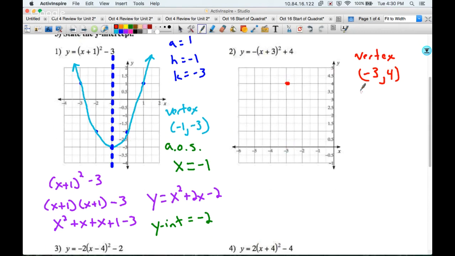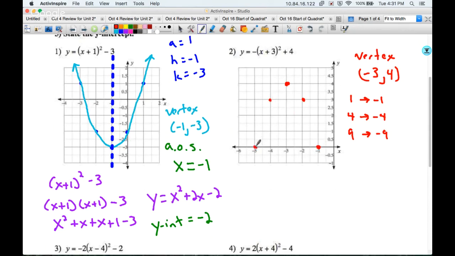All right, now our a value is -1, so as I go to draw in the sides of this parabola, I can take the intervals from my parent function of 1, 4, and 9, and just multiply them by my a value of -1. This gets me -1, -4, and -9. So from the vertex, if I want to go 1 over, I got to go 1 down. If I want to go 2 over, I have to go 4 down.